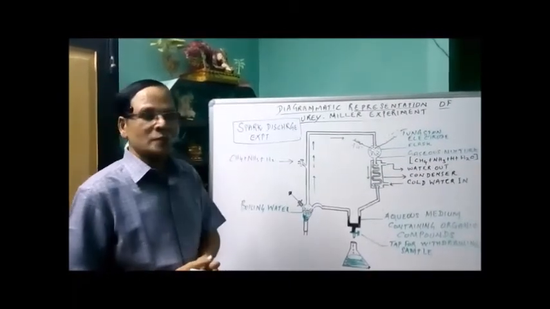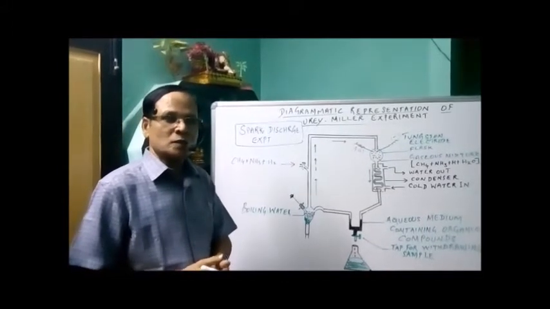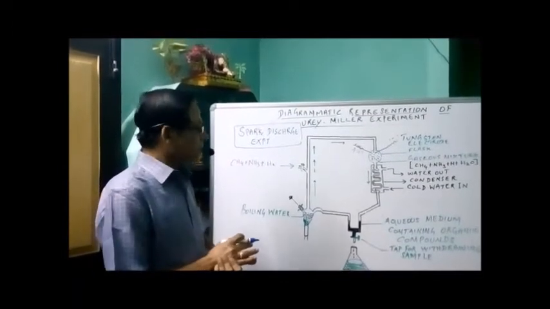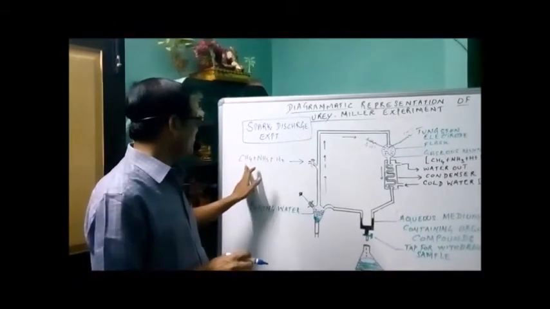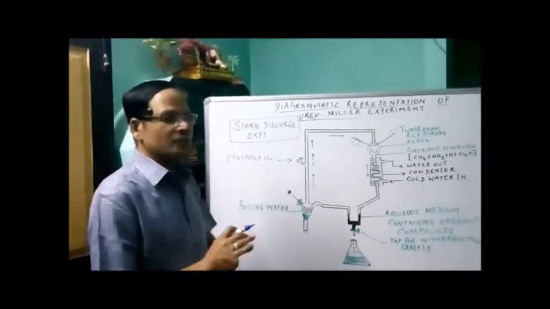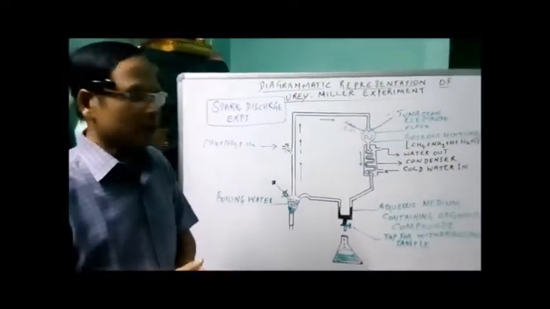Now, in the past the atmosphere was not fully developed, having a mixture of gases: methane, ammonia, hydrogen, along with water vapor.